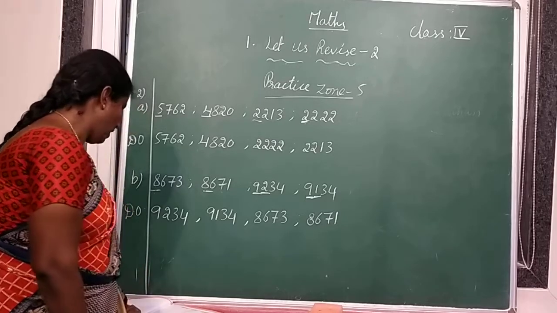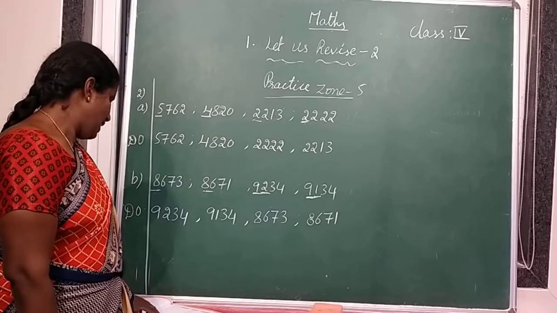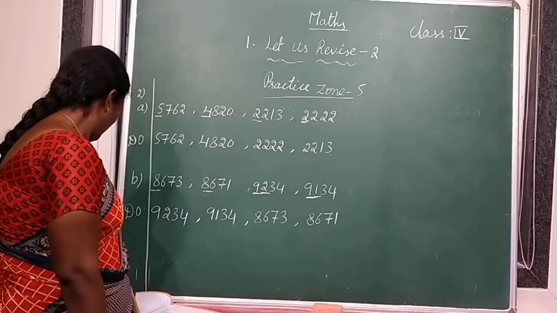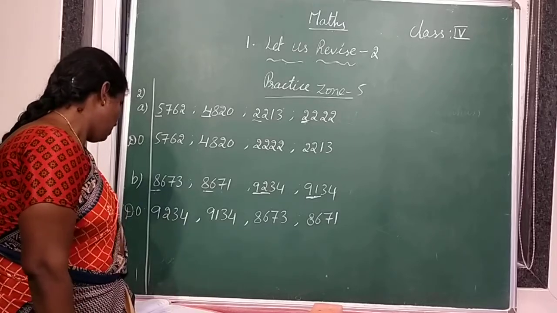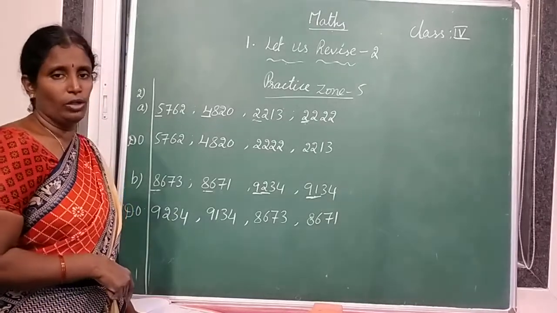Already representation on abacus is completed. So represent these numbers on the abacus. Do this one also. 5th bit, 6th bit, 7th bit and 8th bit. These 4 bits you have to do in today's homework.